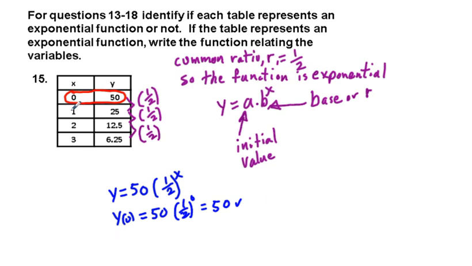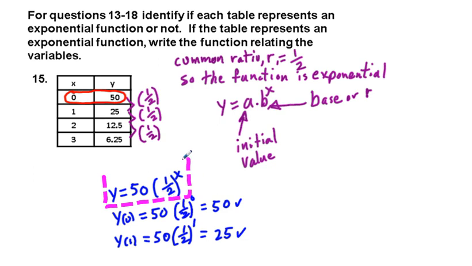Next, we could try putting in 1 for x. y sub 1 is equal to 50 times 1/2 to the power of 1, which is 50 times 1/2, which is going to be 25. Check. We could go on, but we verified it here, and we're just going to go ahead and box in our correct answer for our function relating the variables.